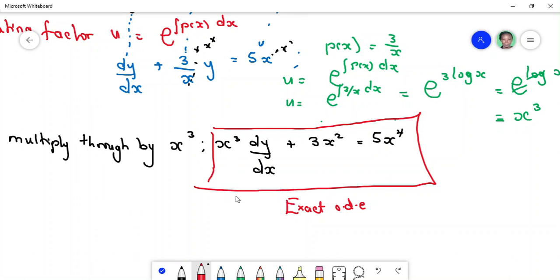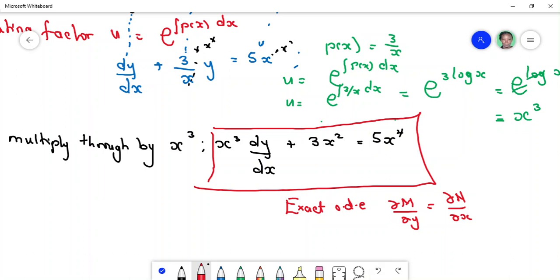If it is exact, the partial derivative of M with respect to y should be equal to the partial derivative of N with respect to x. Why don't you check if it is exact and give your comments in the comment section, and also find the solution to this differential equation.